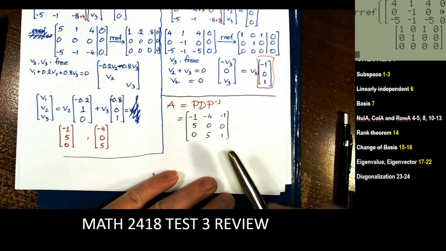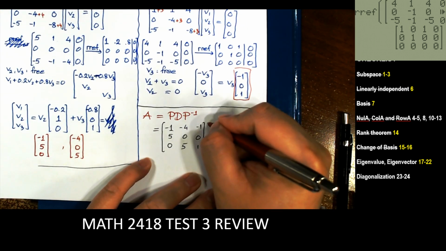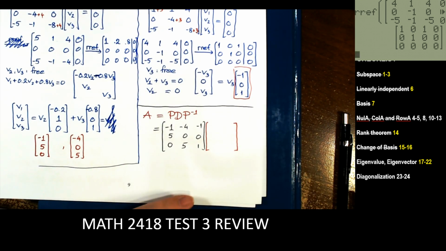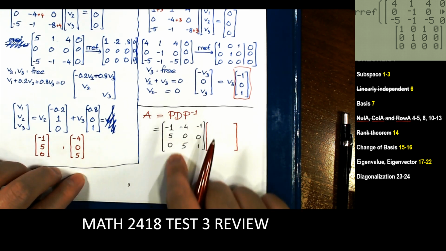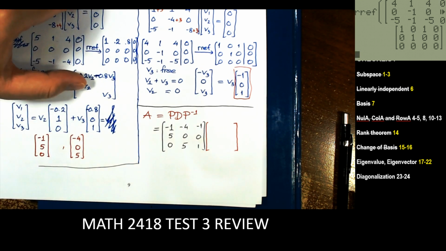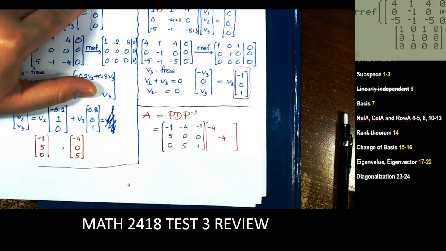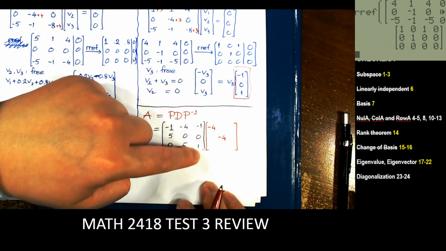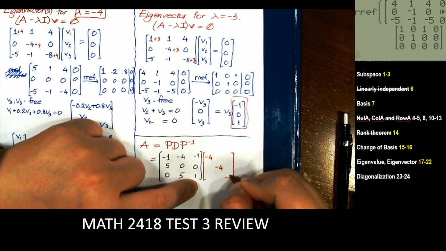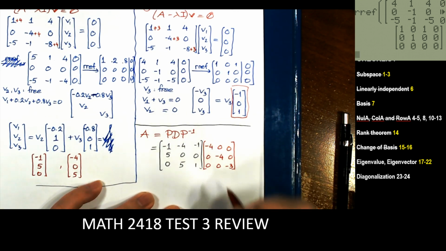Right, so that is the matrix P, the 3 eigenvectors. Next, the diagonal matrix. We put the eigenvalues corresponding to the eigenvectors. The eigenvalue is negative 4, so we should have negative 4 on the first 2 diagonal entries. And the last one corresponds to this eigenvalue, so we put negative 3. Because this is a diagonal matrix, 0 everywhere else.